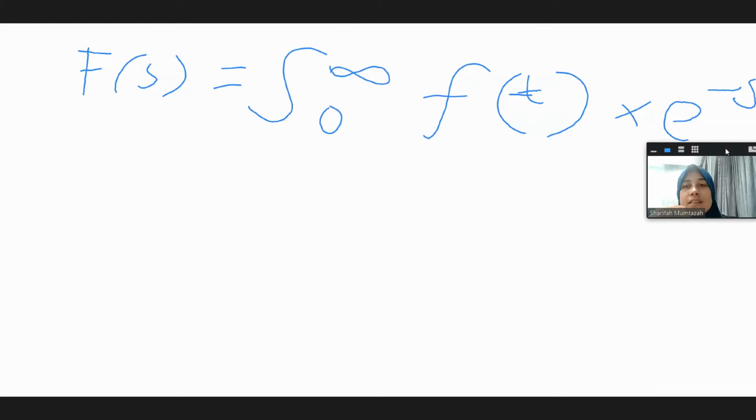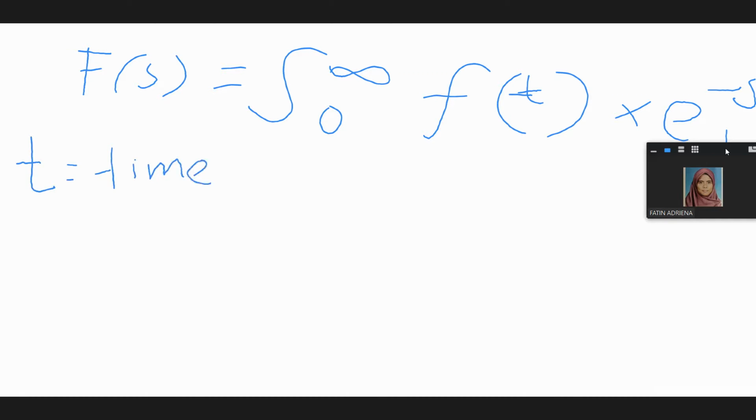What is the kernel here? The kernel is e to the power of negative st. What does t represent? What does s represent? T represents time. S represents spatial. Spatial is the space domain, that doesn't matter, okay? Spatial domain.